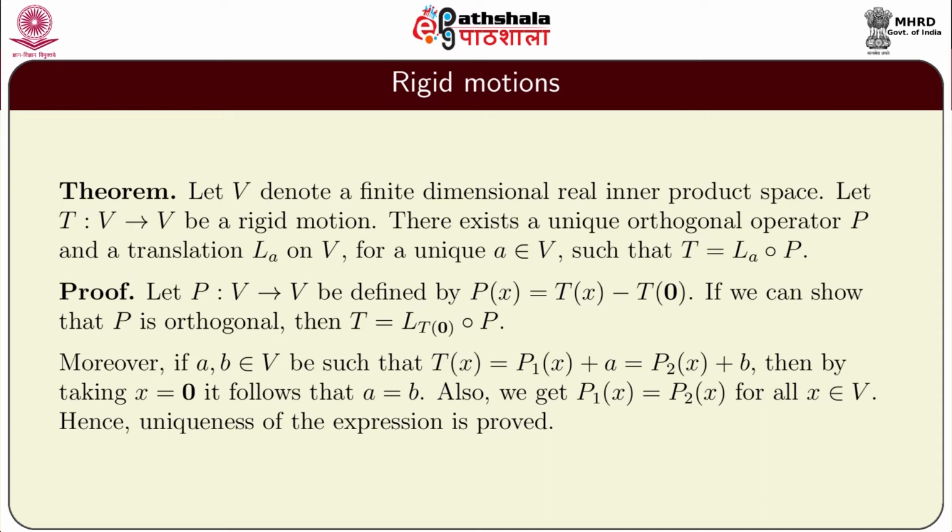Because P1 and P2 being linear maps, we have P1 0 is equal to P2 0 is equal to 0, and therefore a is equal to b. Also we get P1x is equal to P2x for all x in V, and therefore P1 is equal to P2. This shows the uniqueness of the expression.